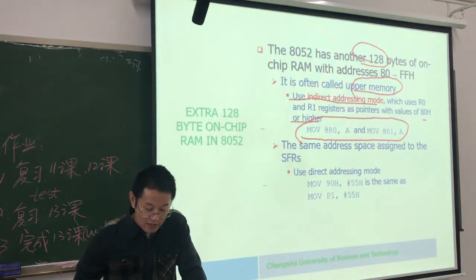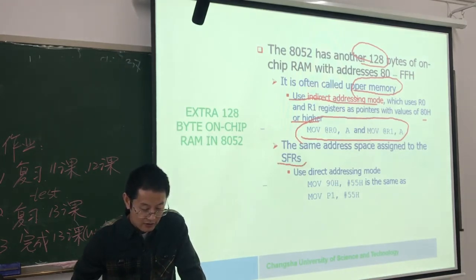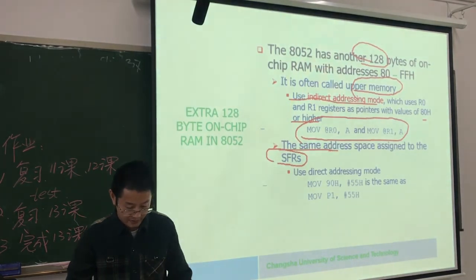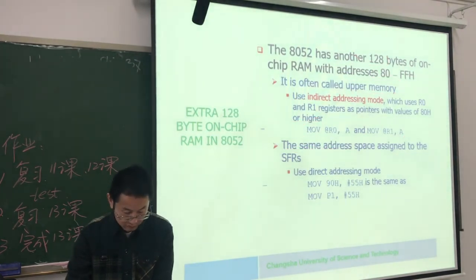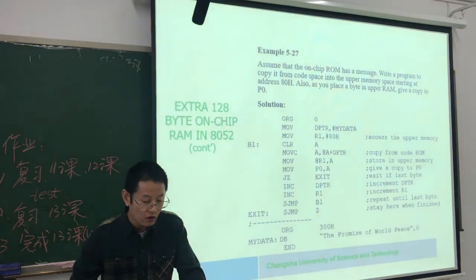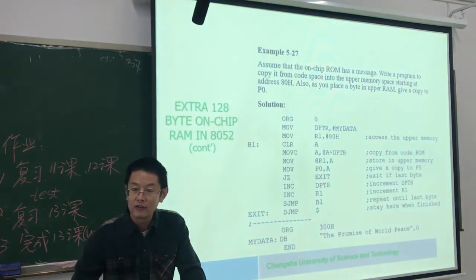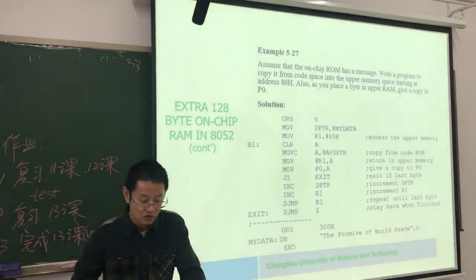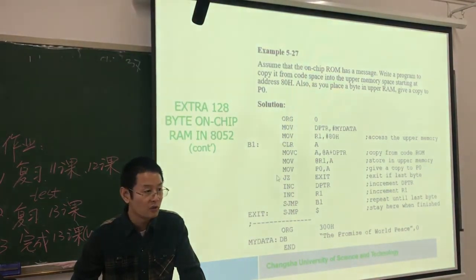The same address space is assigned to the SFR, and the other part is the same. Here is an example for the 8052. You can test this program on your computer.